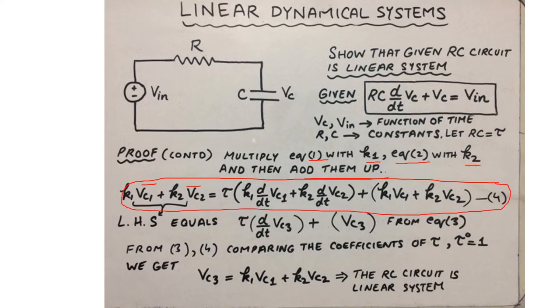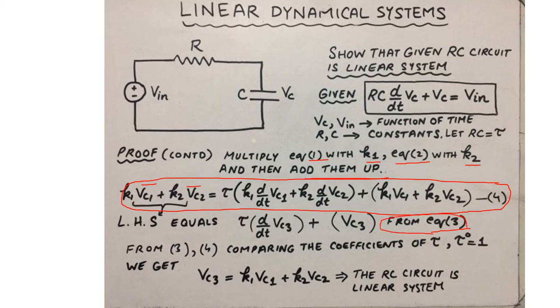The left-hand side of equation 4 can be seen to be simply tau times the derivative of VC3 plus VC3 without derivative. And that comes from equation number 3 from the last slide. The left-hand side is the same as equation number 3, and this has been done on purpose.